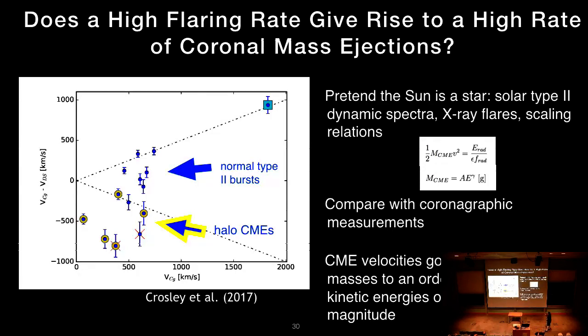So the upshot is that you can determine CME velocities good to about a factor of 2, which is pretty good. Masses to an order of magnitude, and then kinetic energies, since it depends on the product of those two, is determined slightly worse, but this is pretty good.